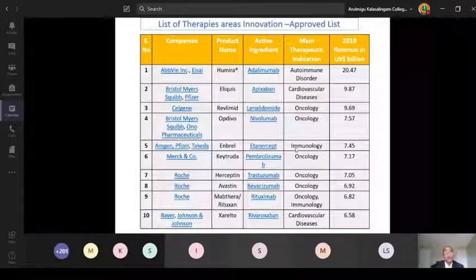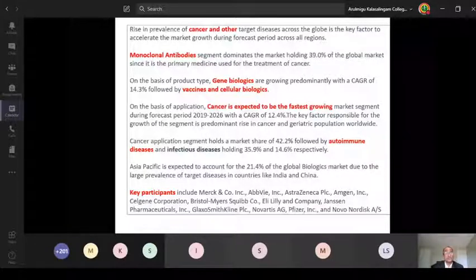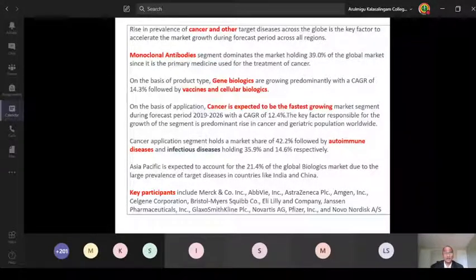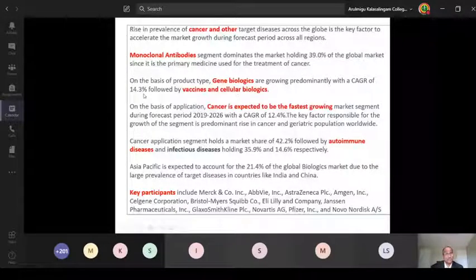If you see the overall trend now, the rise in the prevalence of cancer and other targeted diseases across the globe is the key factor to accelerate market growth during the forecast period across all regions. The monoclonal antibody segment dominates the market, holding 39% of the global market. Next, gene biologics are growing predominantly with a CAGR, compound annual growth rate, of 14.3%, followed by vaccines and cellular biologics.